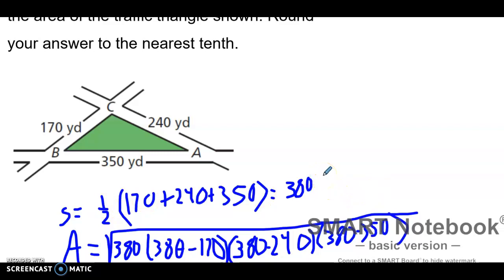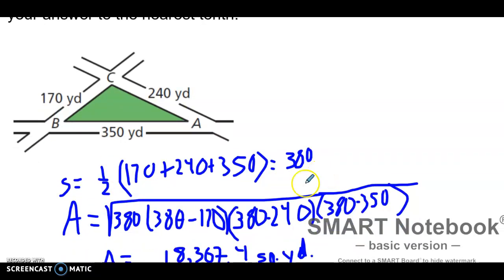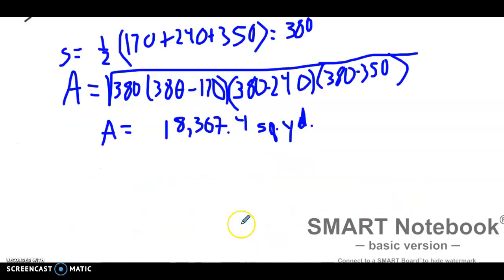We get 430. So then we use the formula with the semi-perimeter times the semi-perimeter minus 170 times the semi-perimeter minus 340 times the semi-perimeter minus 350, and through the awesomeness of calculators, we end up with 18,367.4 square yards.